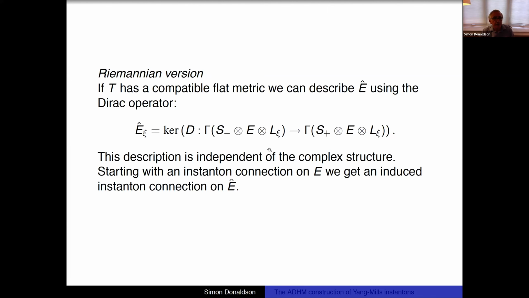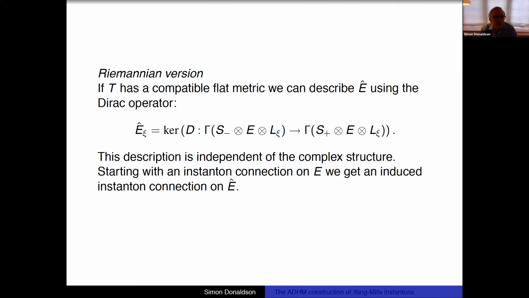And using a natural projection construction, similar to what we said before, if we start with an instanton connection on the bundle E, we get an induced instanton connection on E hat. So while Mukai's work was in the setting of complex geometry, there's a translation of that into the setting of instanton geometry.